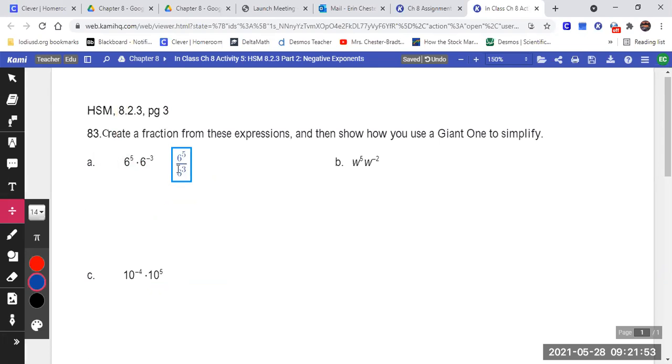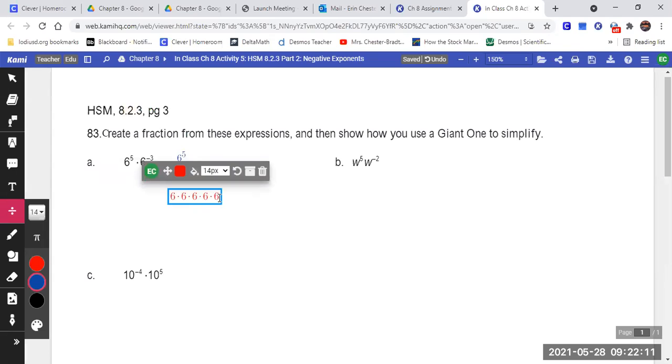Where are the 3's coming from? Okay. 6, shift 8, times 6, right? 5 of them, because that said 6 to the 5th, right? I want these to be red.